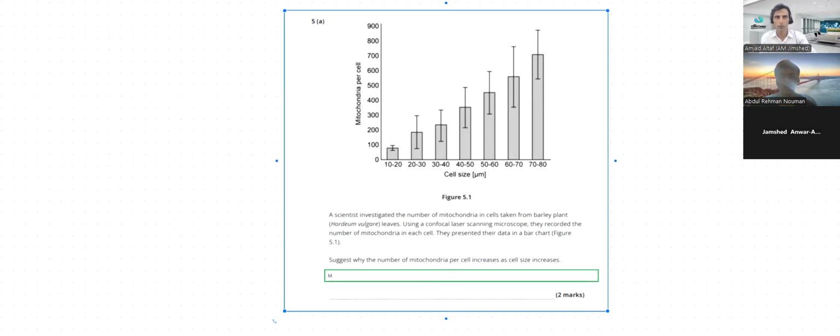Can you give an example where you have the large cell and there we have respiration? I just want a bit of elaboration on how you can justify this. It's a 2 mark question. You need 2 points. So which 2 points are you going to include here as per the mark scheme?